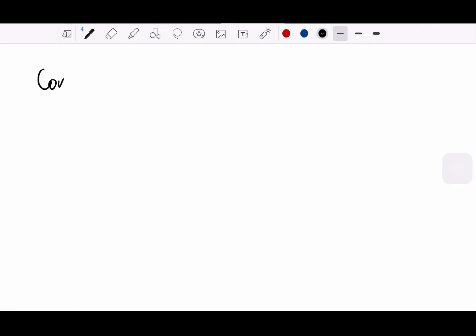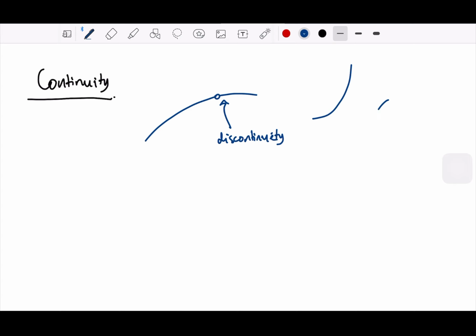Okay, so continuity. I think for some parts in the limit at the beginning, I mentioned that we may have a curve that is not defined at some point on the curve, right? Generally, we can call this a discontinuity, or discontinuous, or we have the asymptote like here, like this one.